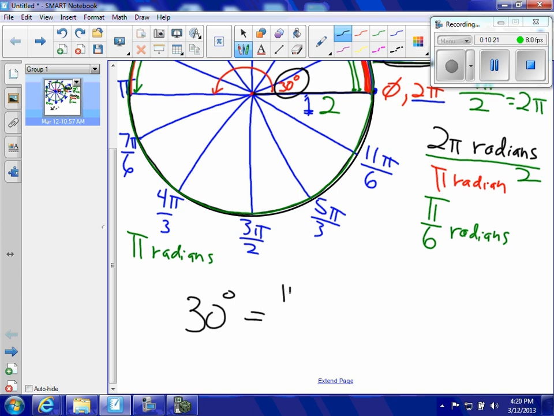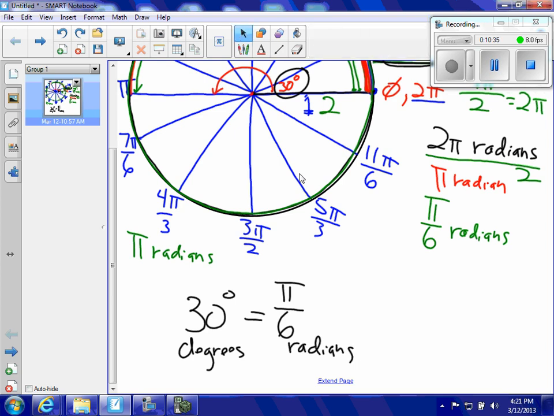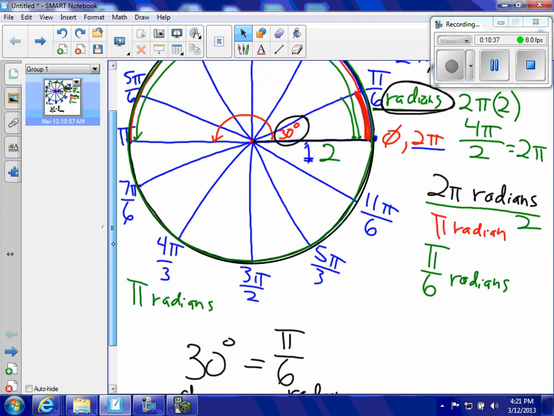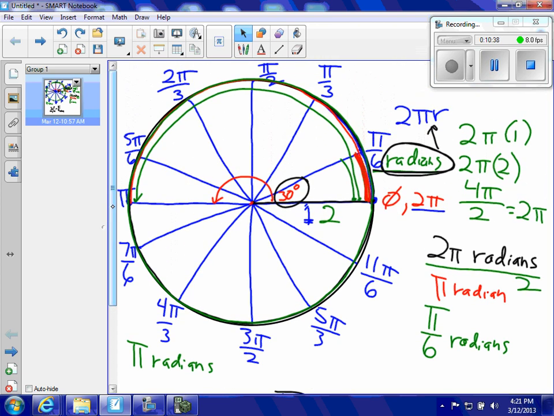It's equal to a pi over 6 angle. 30 degrees, pi over 6 radians. And it doesn't matter how large or how small our circle is, a 30-degree angle is always going to be pi over 6 radians.